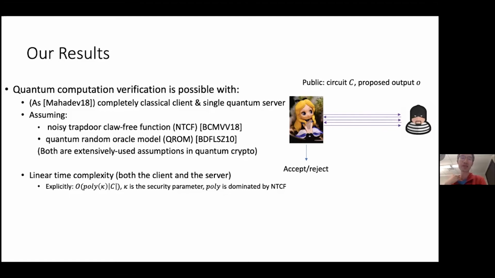Intuitively, if the security parameter is kappa, the protocol should be secure against adversaries that run in time, for example, sub-exponential in kappa or an arbitrary polynomial in kappa. And here the polynomial is dominated by the complexity of the NTCF function, which can be constructed easily from the learning with errors assumption. Which means in our protocol, there's no complicated complexity blowup hidden in this polynomial.